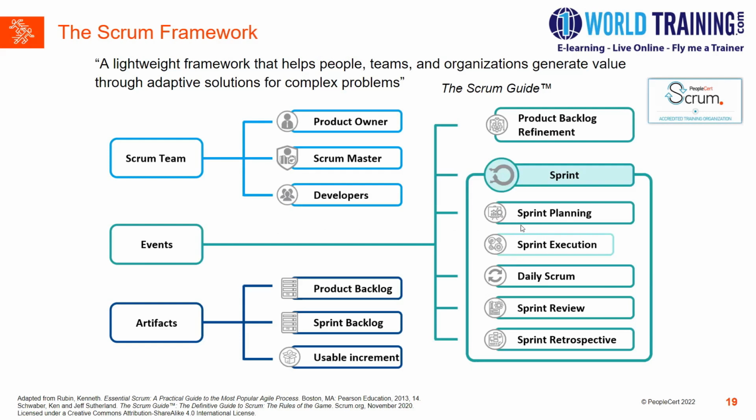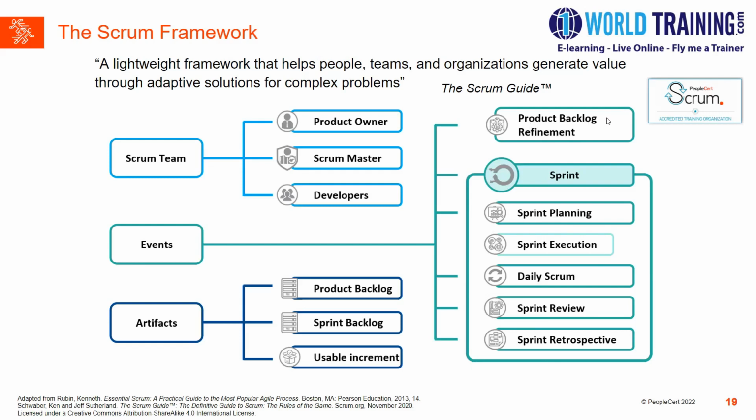We have the sprint planning event, and we have sprint execution. Sprint execution is not a formal event, but we consider the whole sprint as a part of the sprint execution exercise. Sprint planning, daily scrum, sprint review, and sprint retrospective are the formal events as a part of the sprint. In addition, there is a non-formal event called the product backlog refinement event.